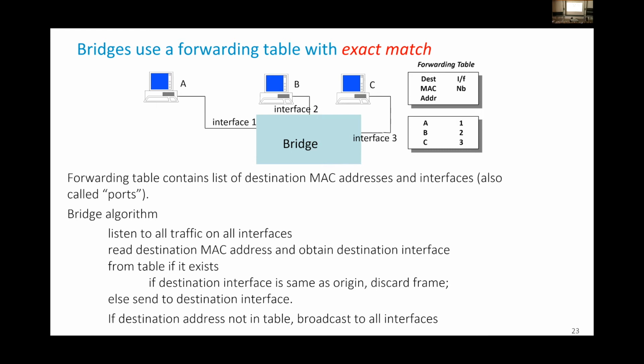Bridge networks are typically small, but in the past there were up to a few thousand devices. So this table is as long as there are potential devices in the network. And you need to do an exact match, as opposed to the longest prefix match done by IP. Here we do an exact match because those MAC addresses have no meaning. Right?